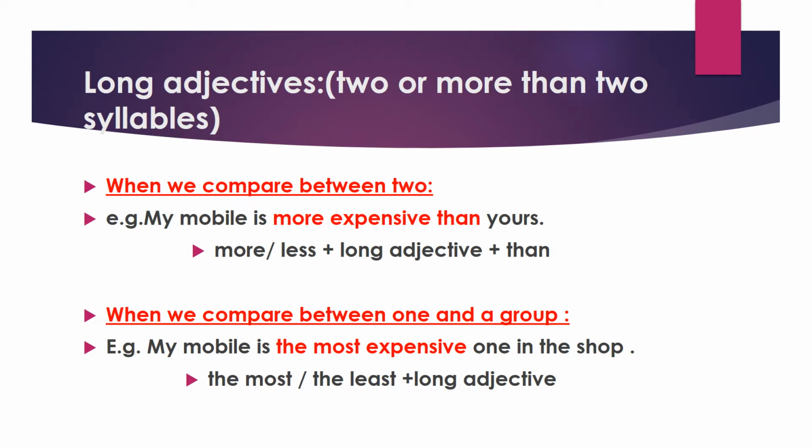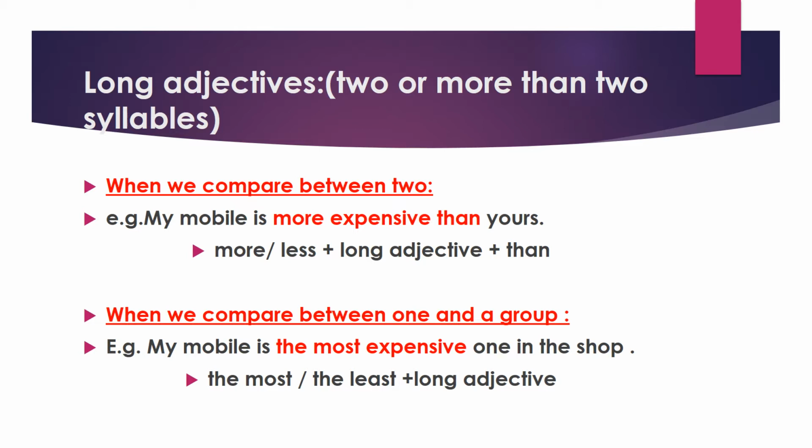When I want to compare between two, I say, my mobile is more expensive than yours. Here, I compare between two mobiles. I said more expensive than or less expensive than. We use more or less and the long adjective and than.